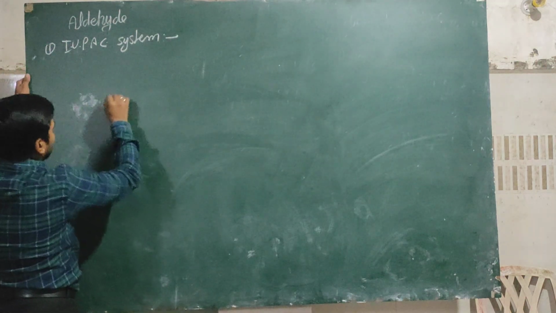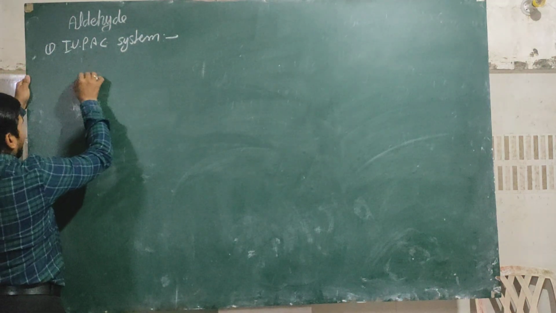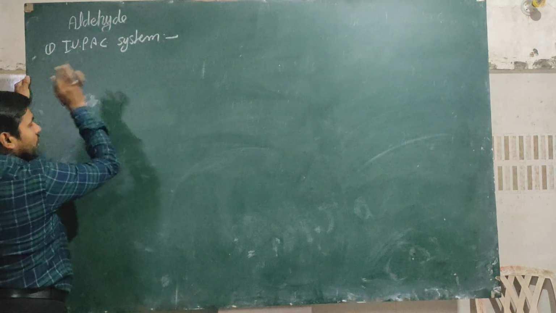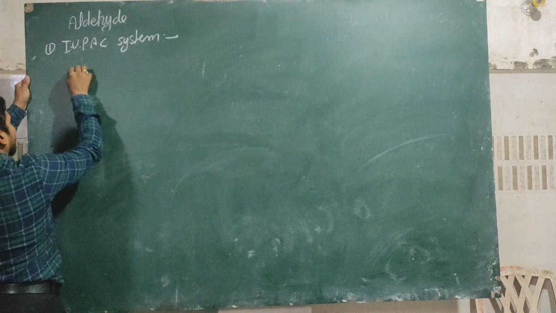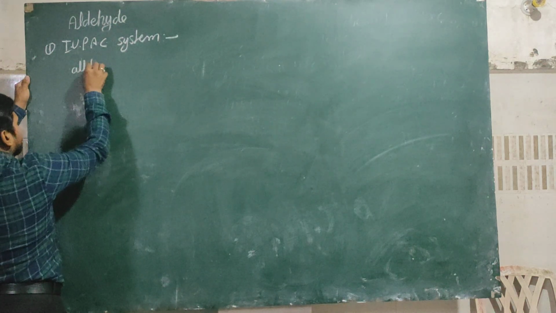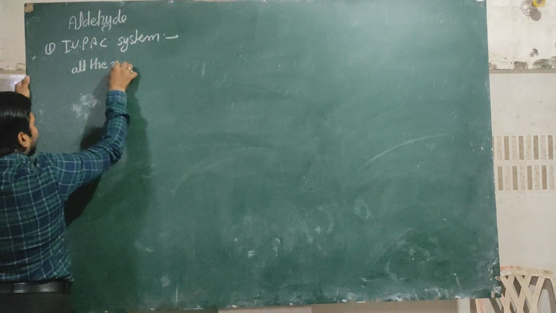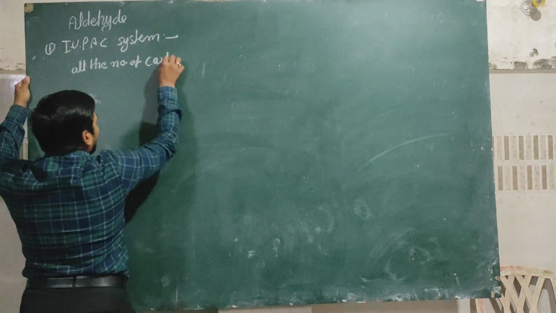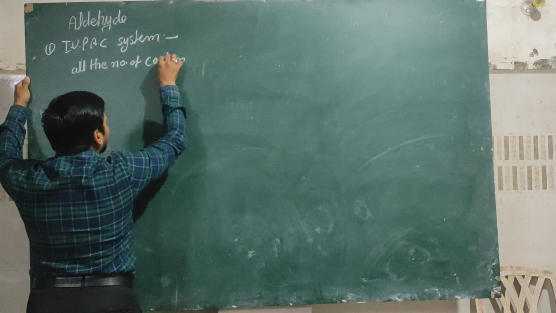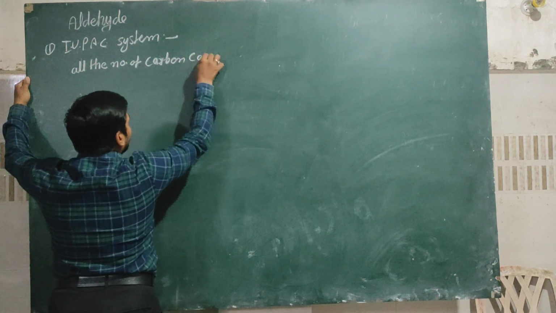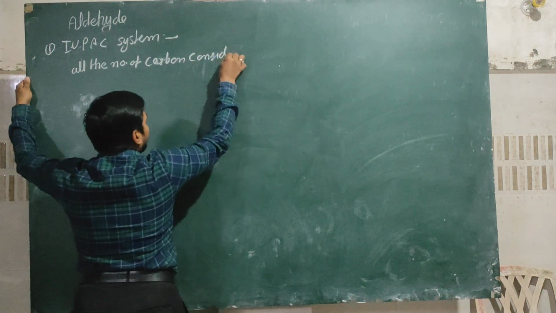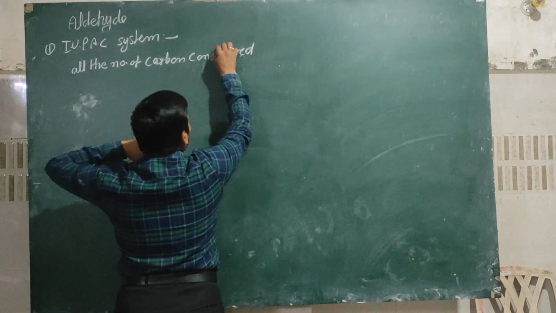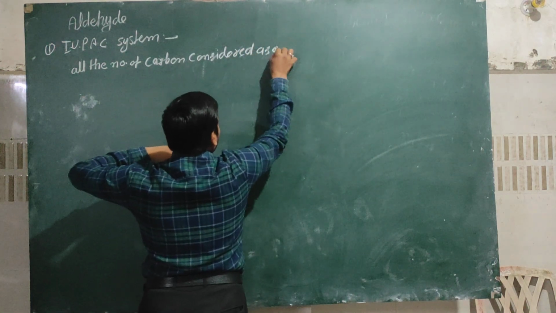Firstly, we try to understand that the total number of carbons is considered as an alkane.